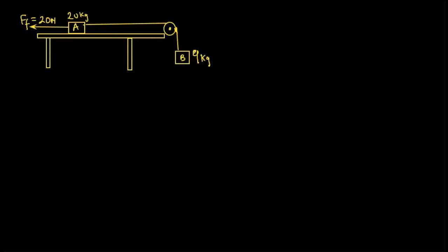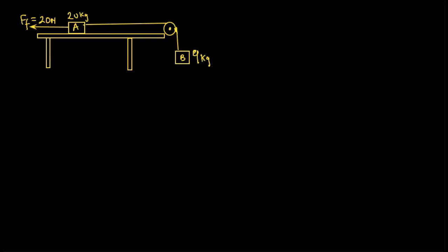So what if you're working with a pulley system and one object is sitting on a surface whereas the other one is hanging? It's a bit of a similar thing. The first thing you do is choose your direction.